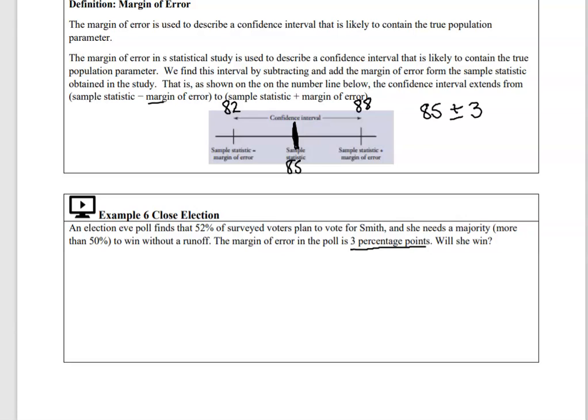So what that means is that we're taking the original number that we have, and we think that number is pretty close, but we add or subtract 3 percentage points. You want to look at both things. You want to look at the high part, which would be 52 plus 3, which would give us 55.